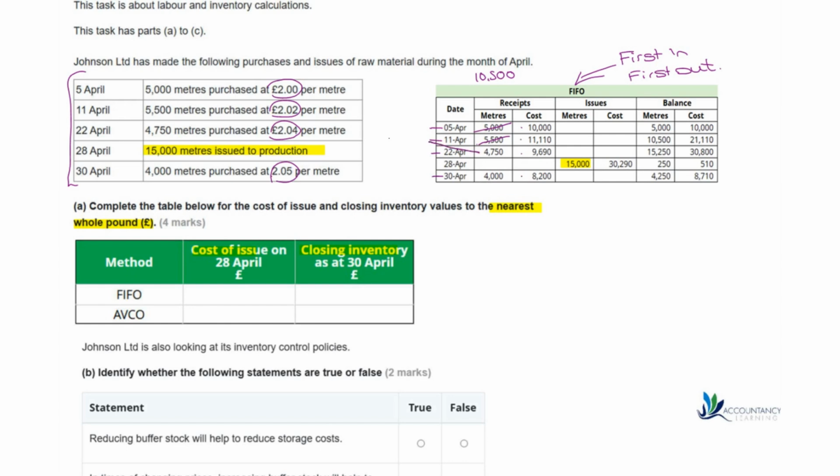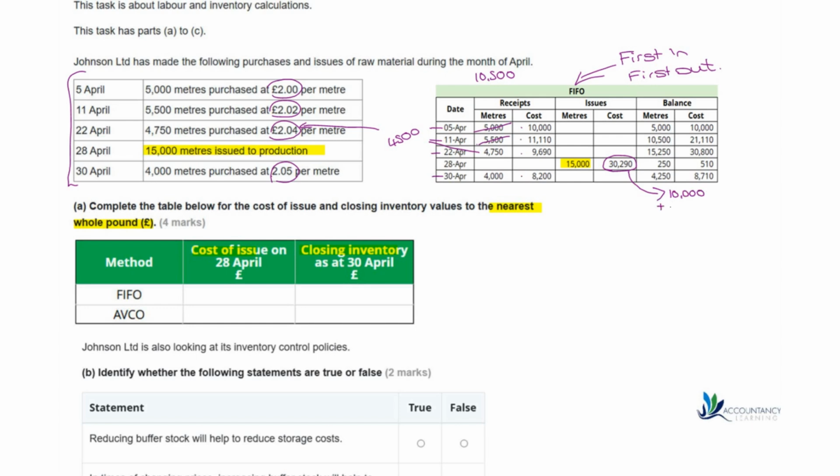That means we're going to take 4,500 from the receipt on the 22nd of April, and because we're taking it from there, that is going to be at a cost of £2.04 per metre. So to get this total cost of issue here, we're taking the full cost of the 5th of April purchase.